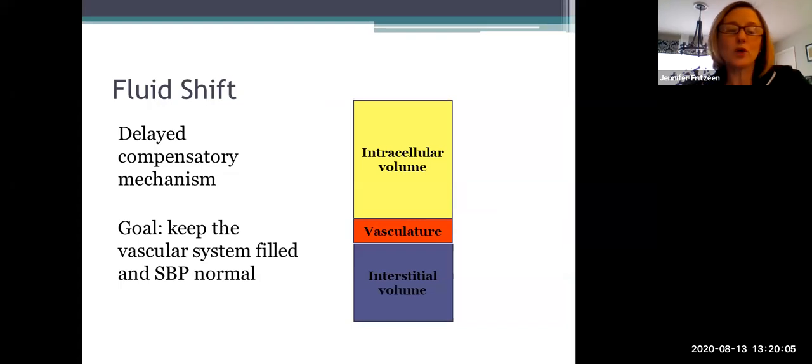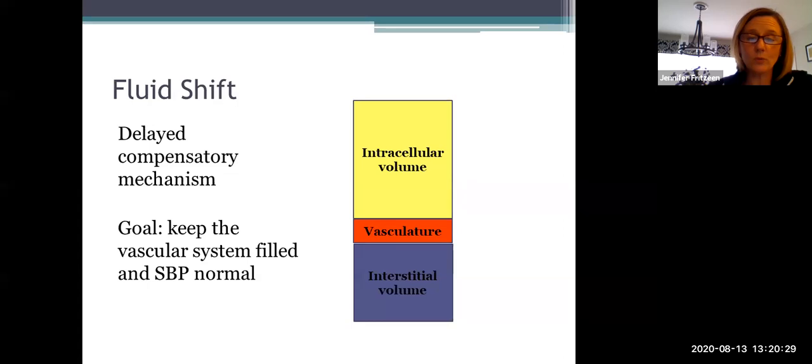Now, as far as fluid shift as part of our compensatory mechanisms, this one's a little more delayed. Where fight-flight happens right away, fluid shift may take a little bit longer. For those of you who work in the emergency department, you may or may not see the result of fluid shift, but for those of you that work on an inpatient area, this is something that definitely will start happening once these kids get to you.